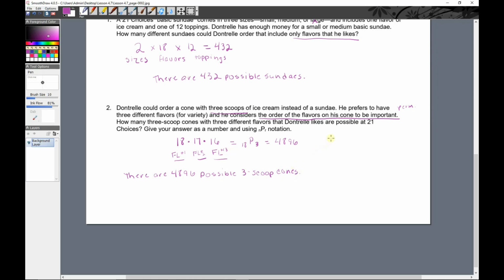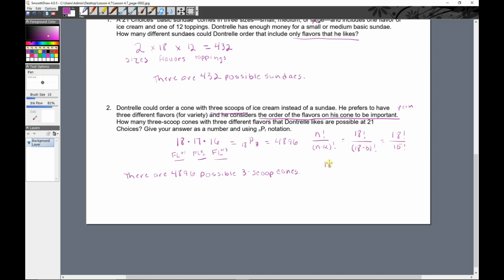And if we wanted to do the formula on this, remember this is n factorial divided by n minus k factorial. All right, that would be n is 18. So 18 factorial, and that's divided by, let's see, 18 minus 3 factorial. That'll be 18 factorial over 15 factorial. And let me show you how easy this is.